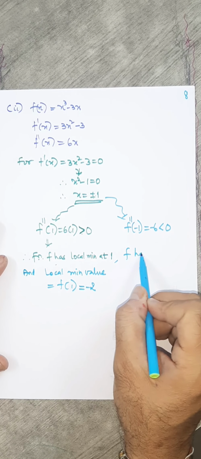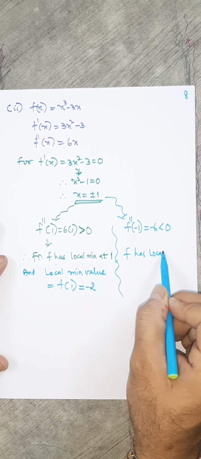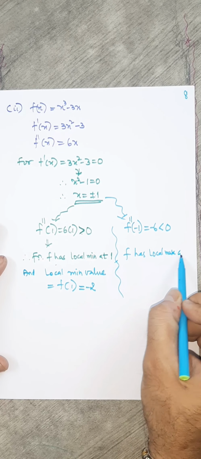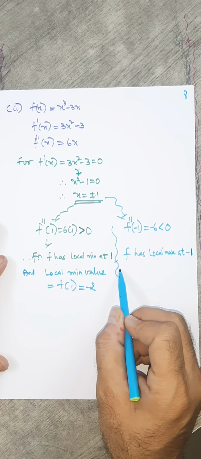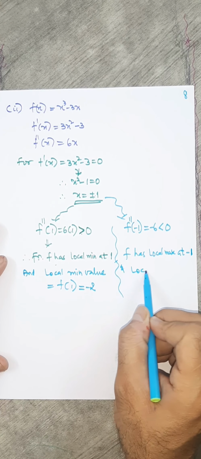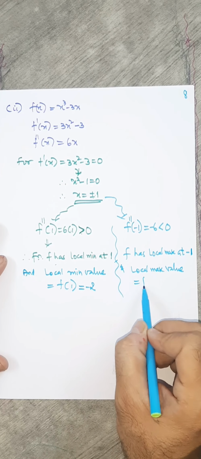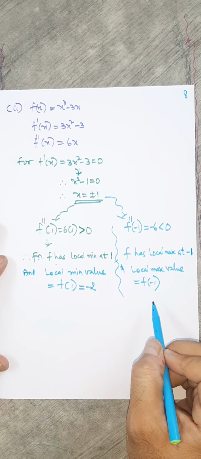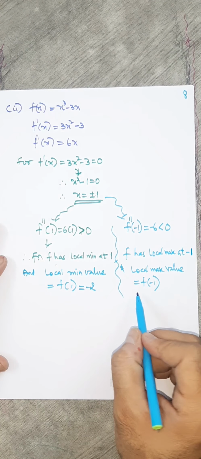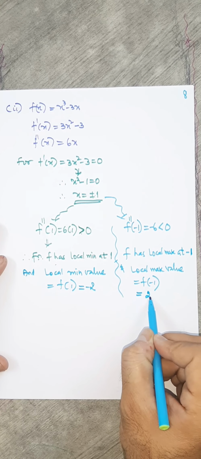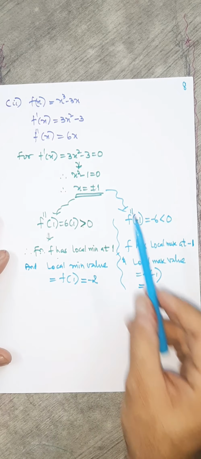Then f has a local maximum at minus 1, and the local maximum value equals f of minus 1. Put minus 1 there: minus 1 cube, minus 1 plus 3. So it will be 2 here. Got it? So there are two turning points in this graph.